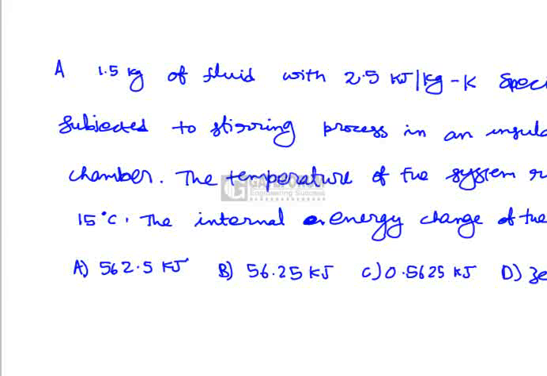Here the change in internal energy of the system is equal to m cv delta T, where m is the mass of the fluid, cv is the specific heat of the fluid, and delta T is the change in temperature. Here the temperature of the system rises by 15 degrees centigrade, that means the change in temperature is 15. So it is 2.5 into 2.5 into 15, which gives a value of 56.25 kilojoules. So the correct option is B. B is the right answer.